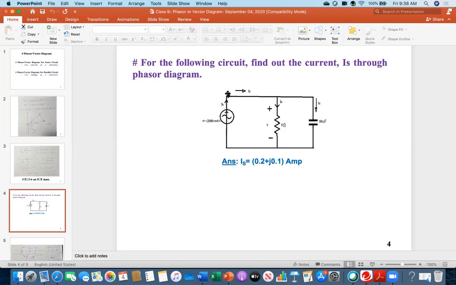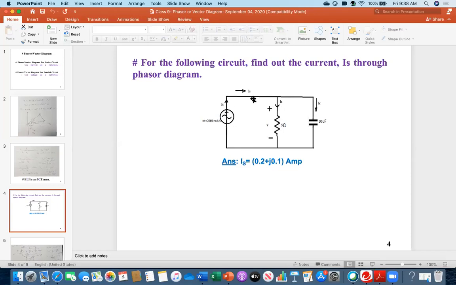That current I is going, and then it is divided into two parts. Something is going through the resistance, something is going through the capacitor, 5 ohm and 50 microfarad. The question is, with the help of the phasor or vector diagram, find out this current.